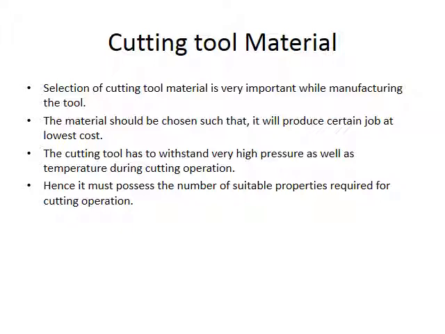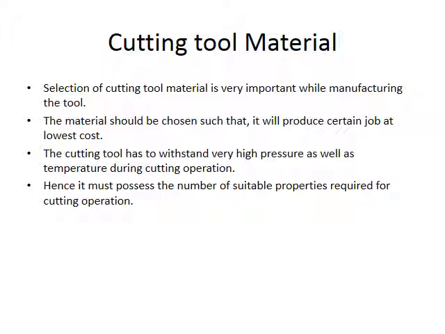Third important point, the cutting tool has to withstand very high pressure as well as temperature during the cutting operation. The last important point is that it must possess a number of critical properties required for the cutting operation.